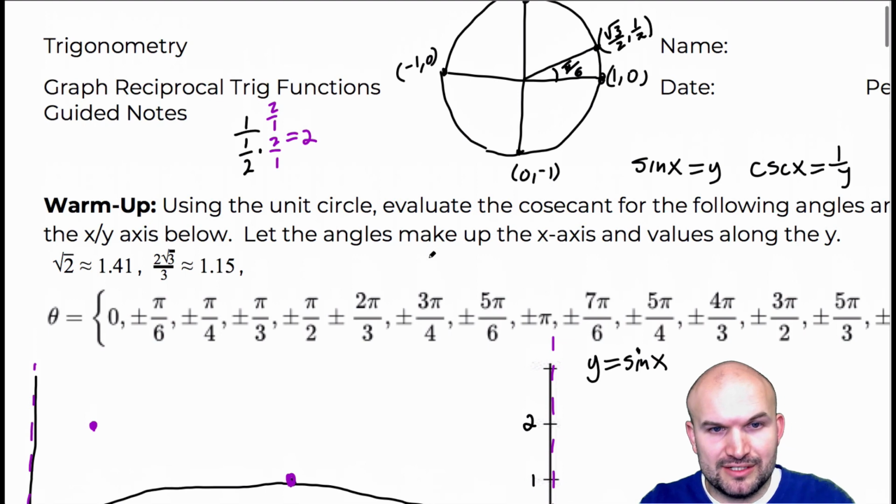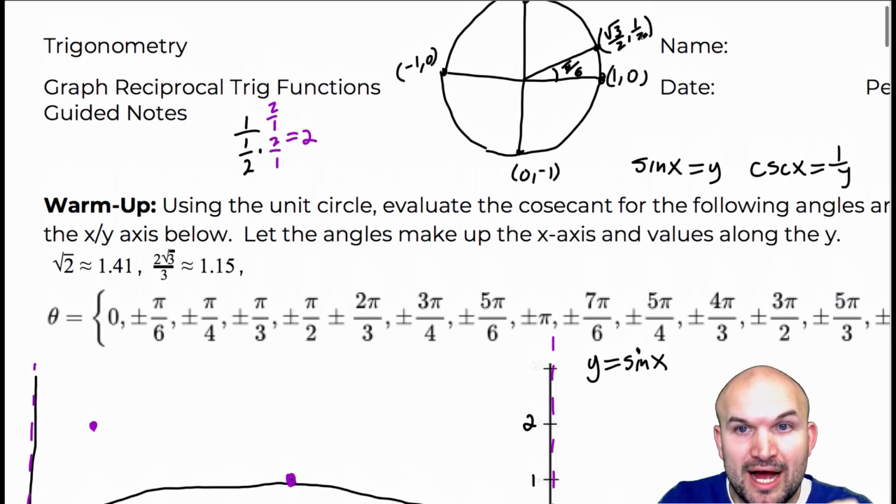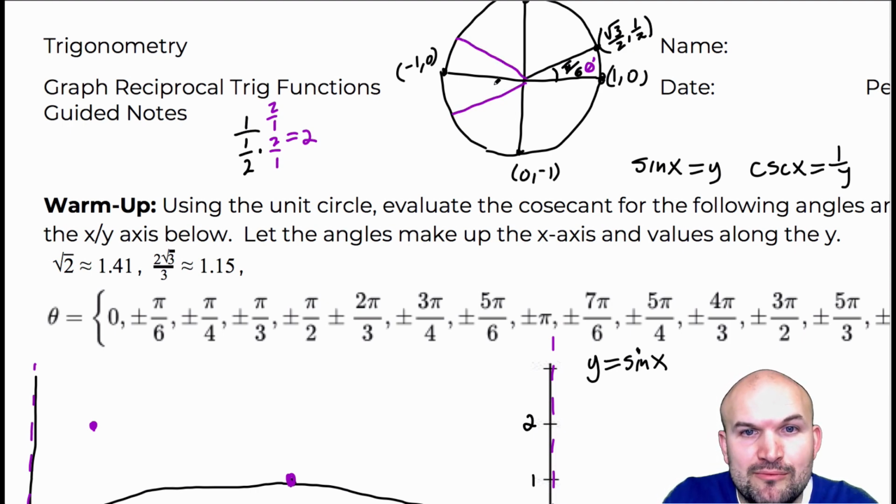Rather than just stopping there and moving to pi over 4, let's look at all the other points where I'm going to have 1 over y, where y is equal to 1/2. That relates to the reference angle, because all these other points in the other quadrants have the same reference angle as pi over 6, so they all have the same coordinate values.